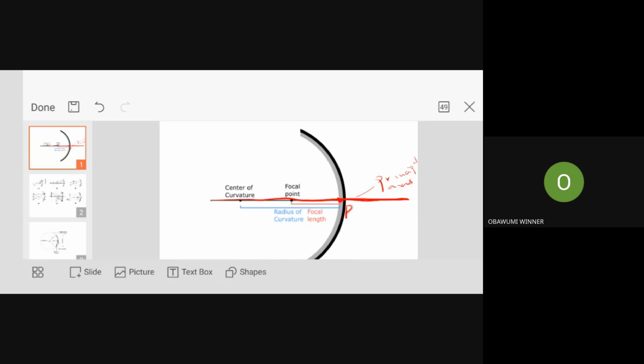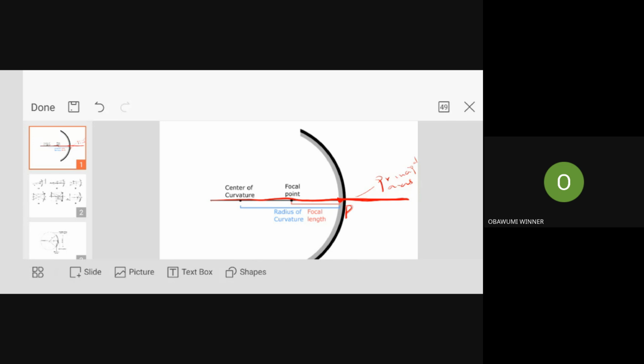All right. Now, the next thing I want you to know is the focal point. Another name for the focal point is the principal focus. Now, what is the focal point? The focal point is simply that point where every ray on this mirror is going to converge.